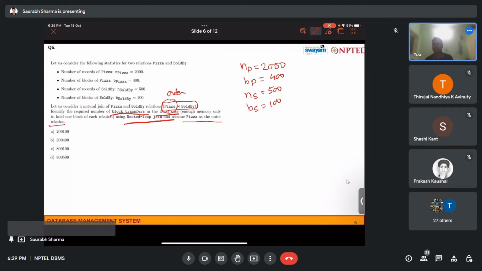There is a simple equation: for the worst case number of block transfers, just multiply NP by BS and then add BP.